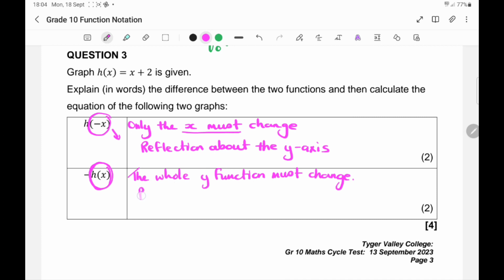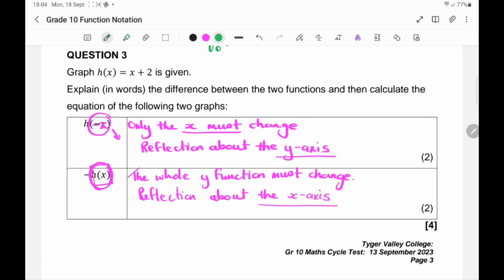So this must be a reflection about the x-axis. Okay, so if it's a reflection upon the x-axis, the whole of the y must change. What is y? The whole h of x. And if it's just the x that changes, that means it's a reflection upon the y-axis.